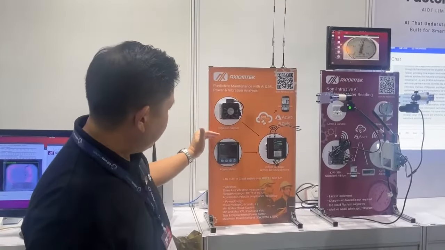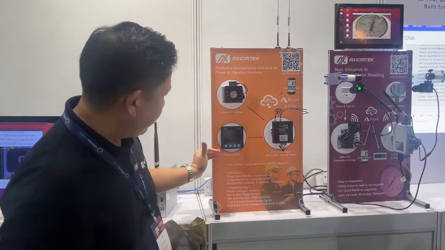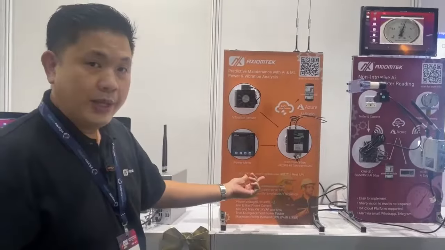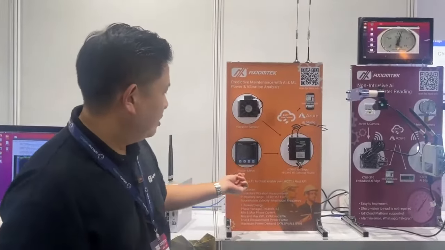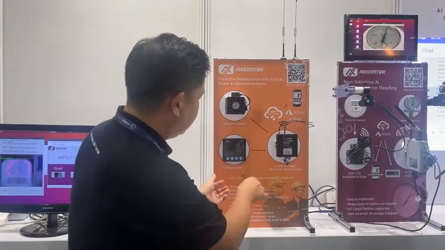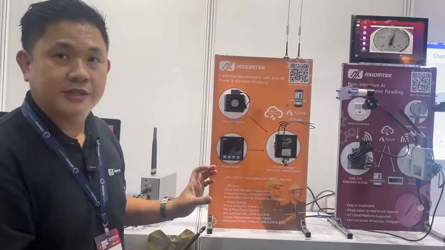Over here below the vibration sensor, we have a power meter. For the power meter, we can use this AIoT gateway and router to get the data. So we can collect the data on how much power is consumed.